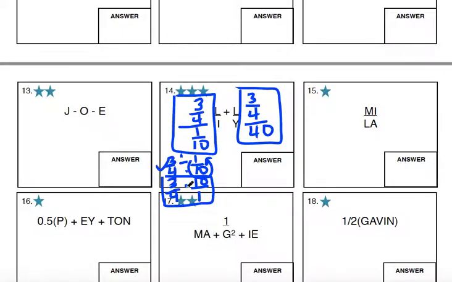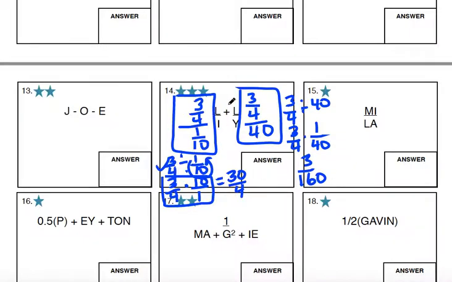So we have 3/4 times 10 over 1, which is equal to 30 over 4 if you don't reduce or cross cancel. Over here I have 3/4 divided by 40, which is the same thing as 3/4 times 1 over 40. 3 times 1 is 3, and 4 times 40 is 160.